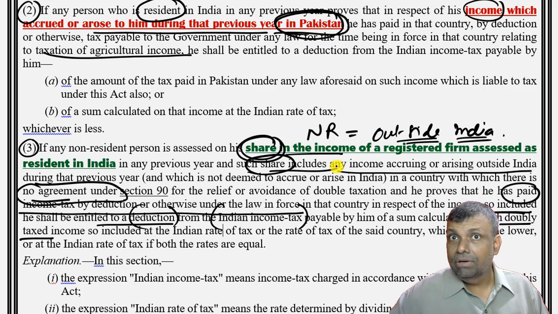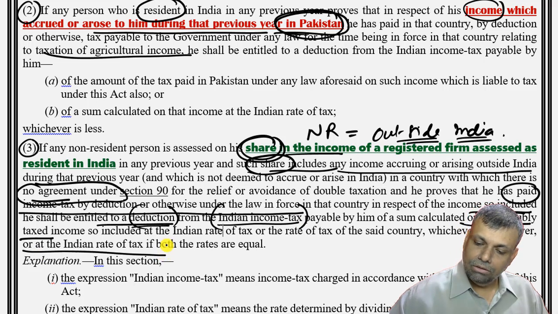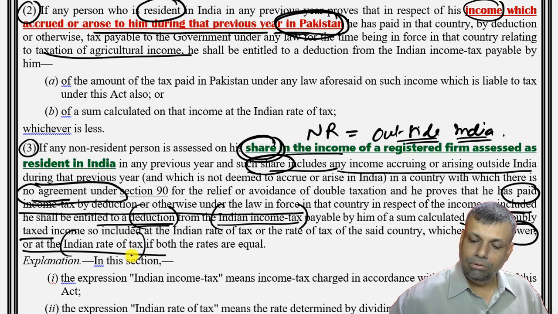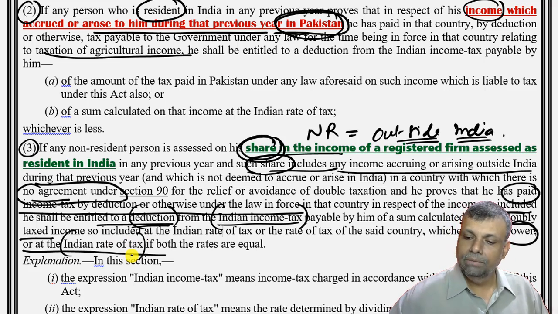Okay, so any and every income will not be covered under this particular category of double taxation deduction. Okay, so the deduction you will get is on Indian income tax payable, some calculated on such doubly taxed income, or the Indian rate of tax, whichever is lower, and if both the rates are equal, then it will be the Indian rate. Okay, so entire operation wise it is the same, calculation wise also it is the same.